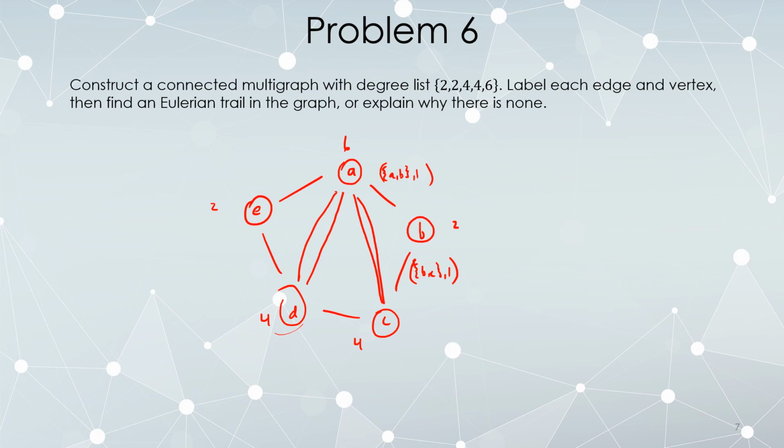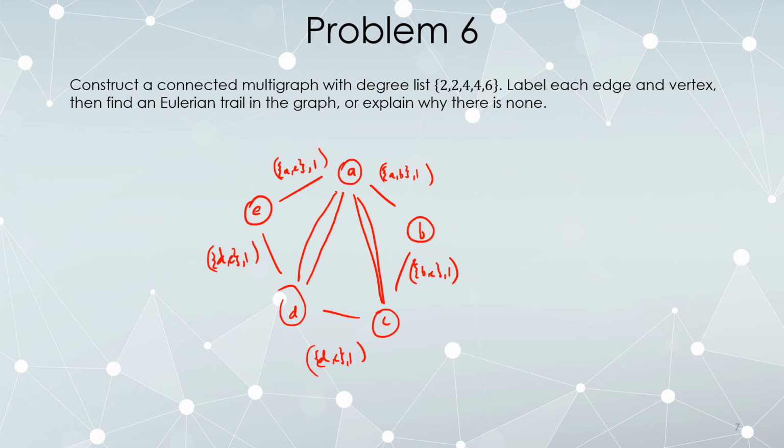Let me just erase those degree markings. They're getting in the way. Okay, we do have all the correct degrees. A, E, they're undirected though, so those are sets. It's the first one, A, E, sorry, E, D. In a set, I can put it whatever order I want. It's the first one, D, C. It's the first one.